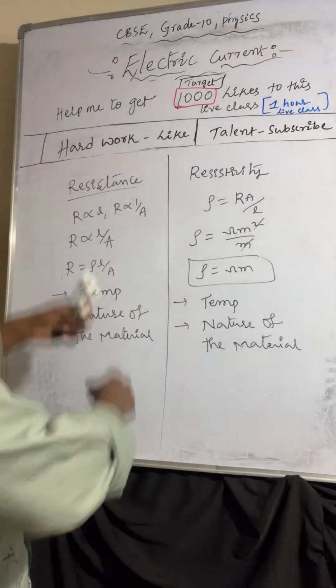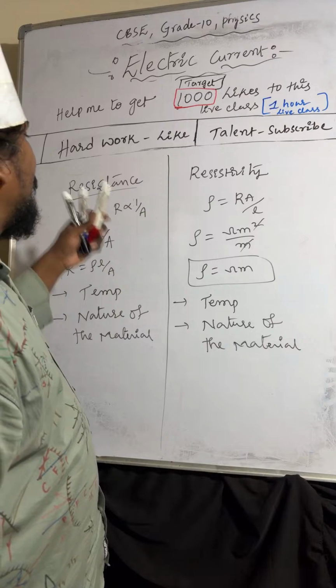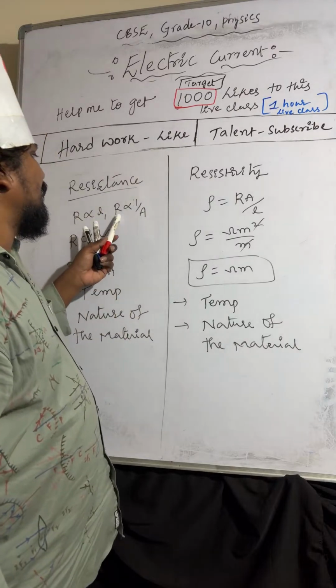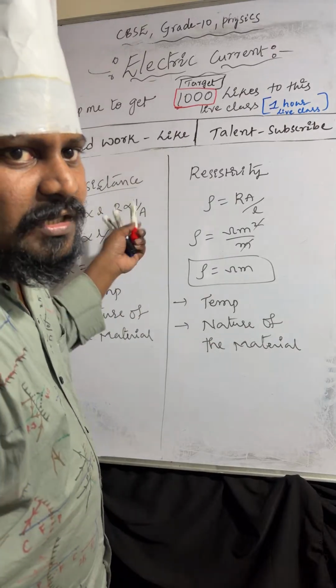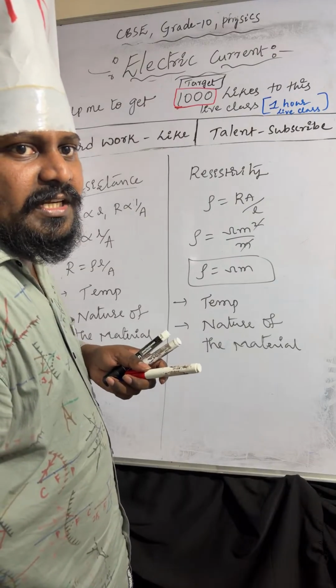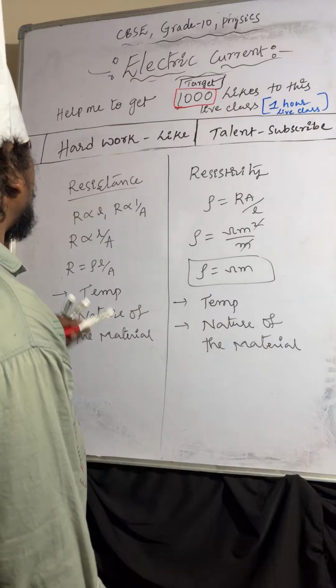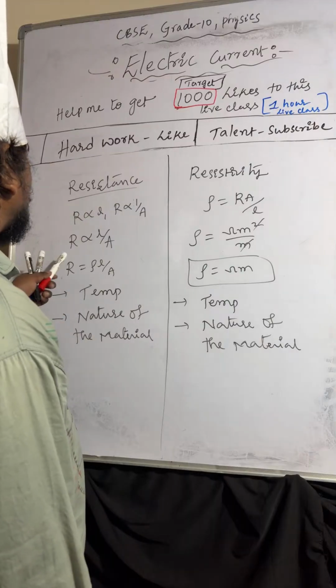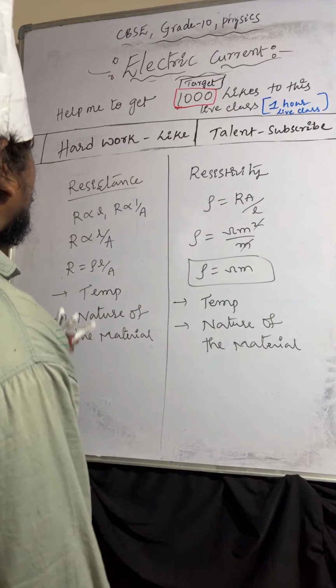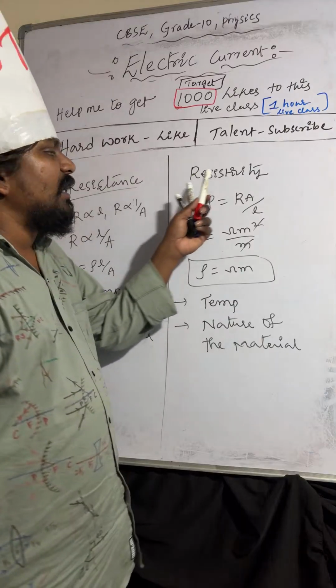Once again, check here. Resistance is directly proportional to the length of the conductor and inversely proportional to the area of cross-section, so R equals rho into L by A. Resistance depends on temperature and nature of the material.